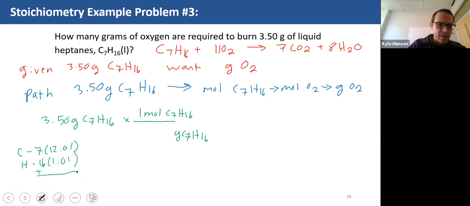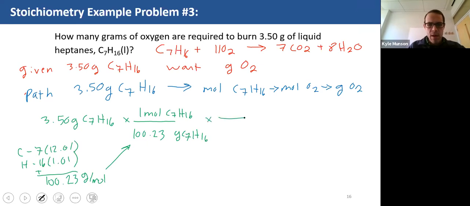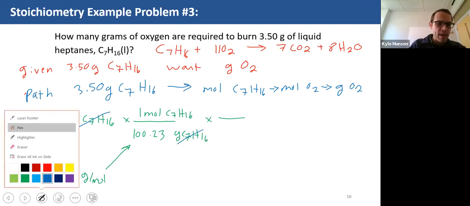This is the molar mass. I got 100.23 grams per mole. Okay, so, continuing on then. So now notice again, grams of heptane cancel with grams of heptane. So now I'm at moles of heptane.